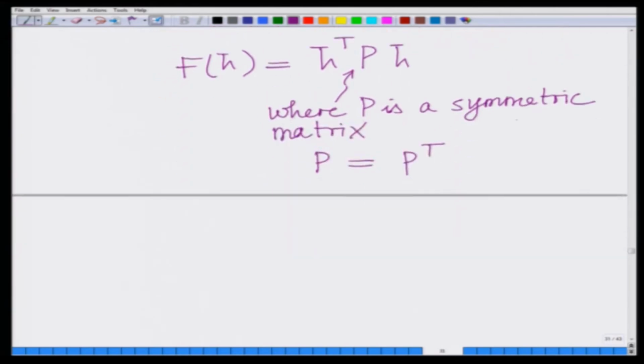Now, let us consider the derivative of this function h bar transpose P h bar with respect to h bar.